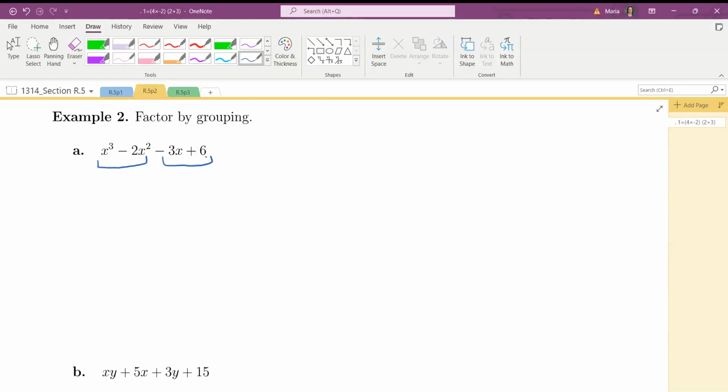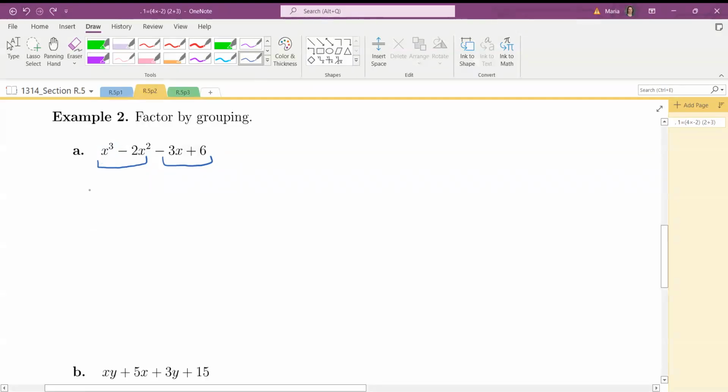You may have to rearrange the order. If you do that, make sure you keep the appropriate sign. Like the x cubed always has to be positive, the 2x squared always has to be negative, the 3x always has to be negative, the 6 always has to be positive. Keep that in mind if you do have to reorder the terms.